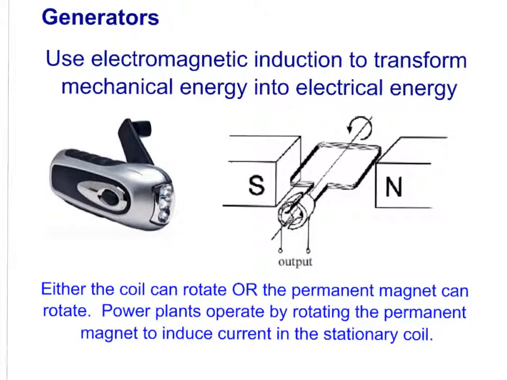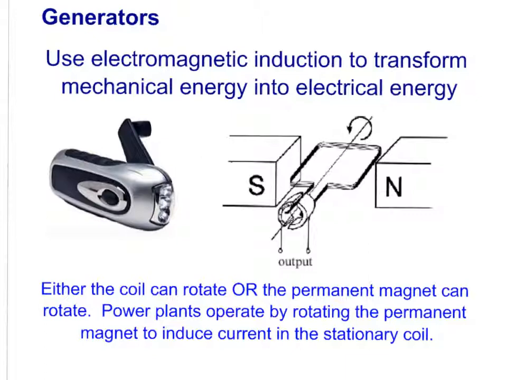So electromagnetic induction is very useful when we talk about generators. Most of the electrical energy that we use every day is provided by a generator or multiple generators. A generator is simply a device that uses electromagnetic induction to transform mechanical energy into electrical energy. Here is an example of that. You've probably seen these flashlights that have a manual handle right here.